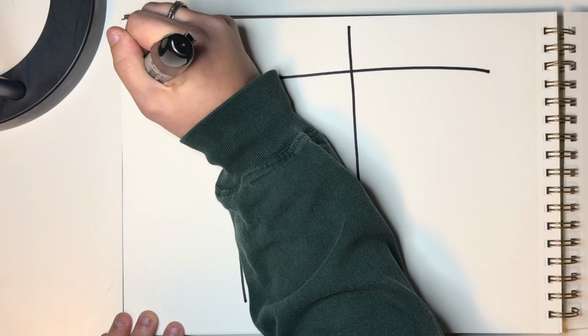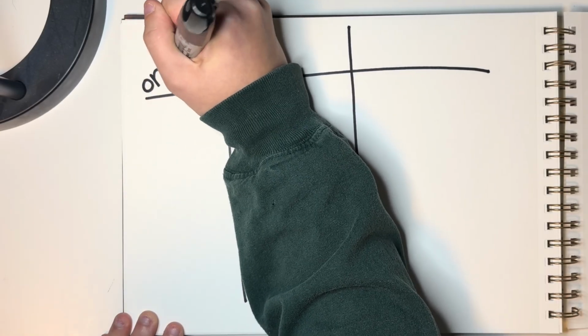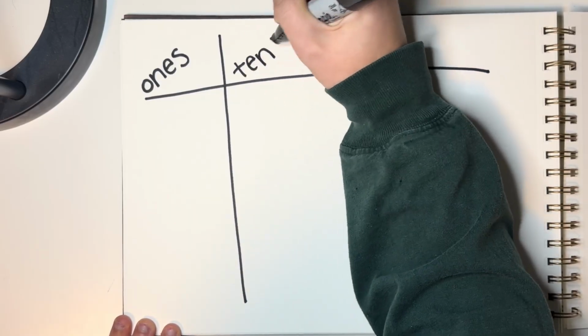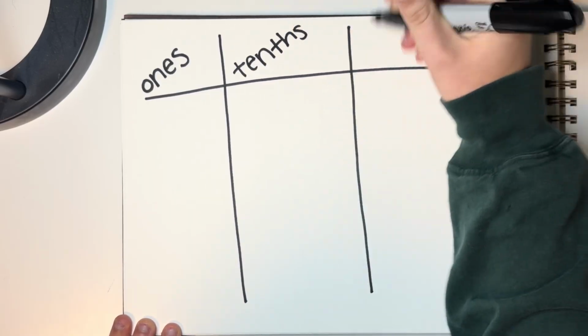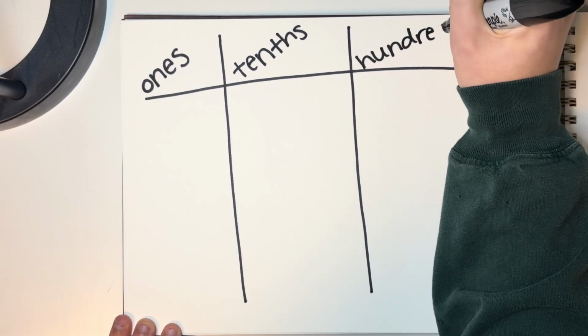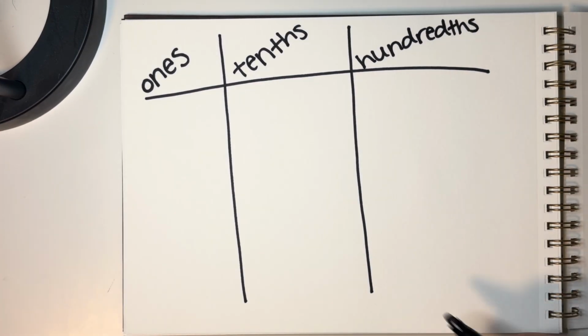And I'm going to label my place values, okay? So the place values I have are my ones, my tenths, and my hundredths. And I'm going to draw each of my values in these charts.